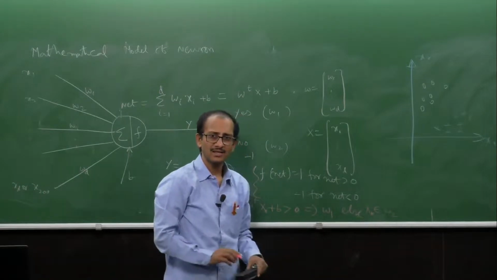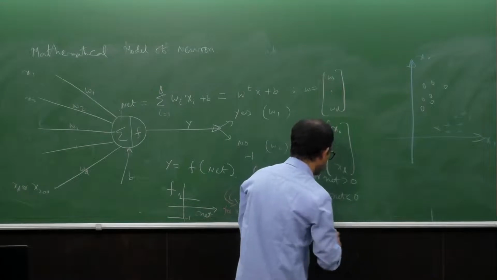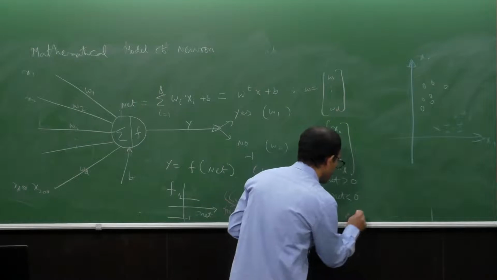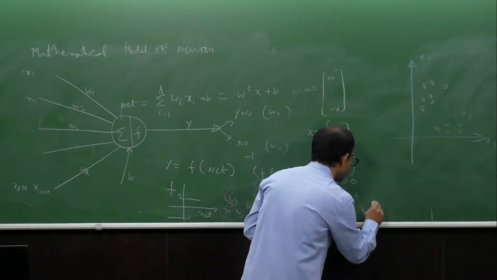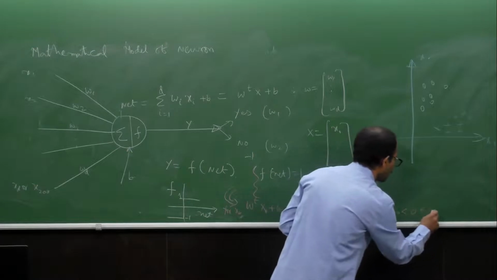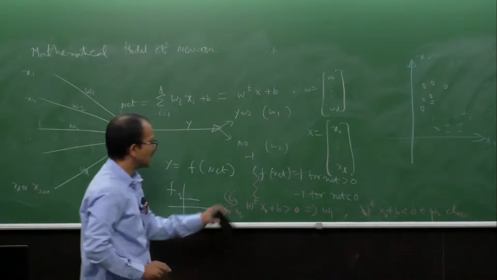Is it fine or not? This is what we are doing finally. Else, W transpose xk plus b less than 0 belongs to the omega 2 class.